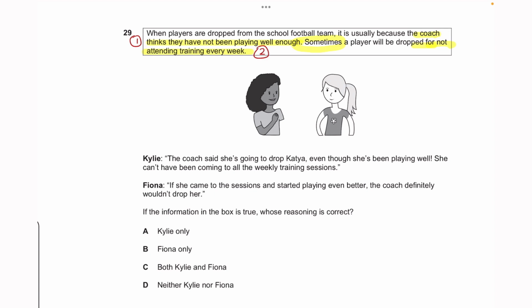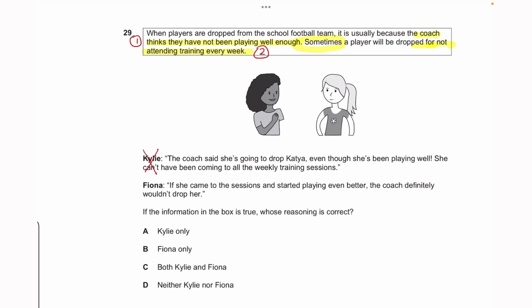And so let's analyze each person's argument. So Kylie says, the coach said that she's going to drop Katya even though she's been playing well. She can't have been coming to all the weekly training sessions. Now, is her reasoning correct? Well, Kylie's reasoning is incorrect, okay?